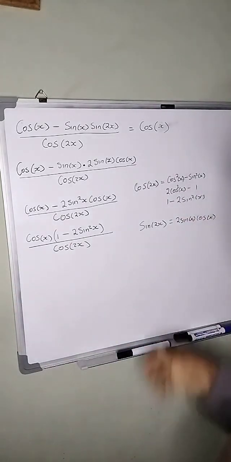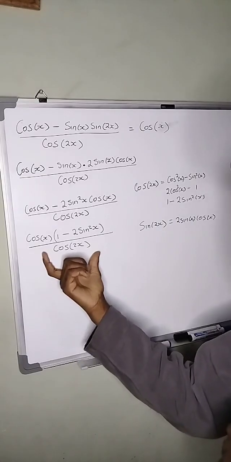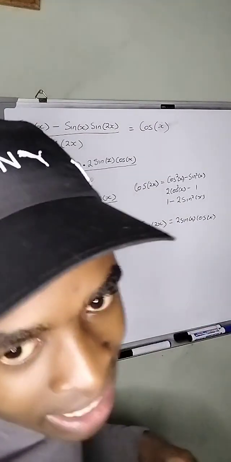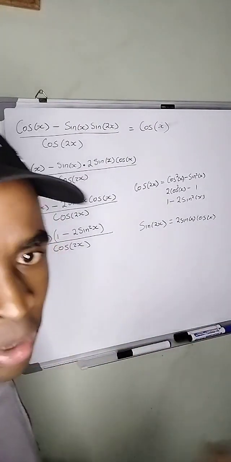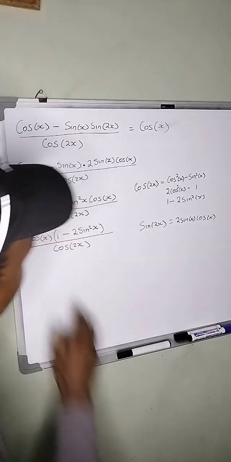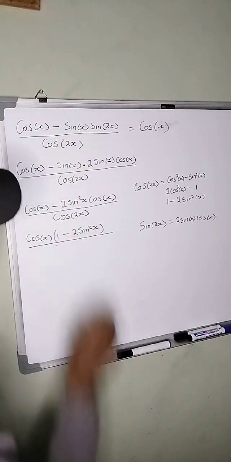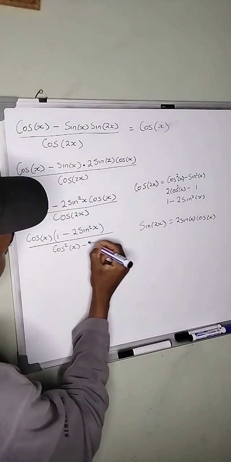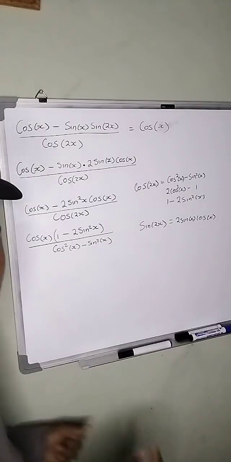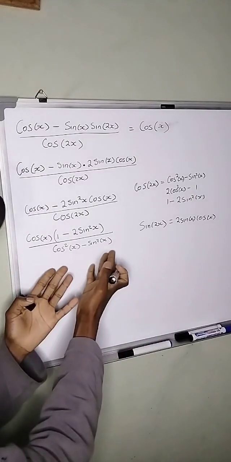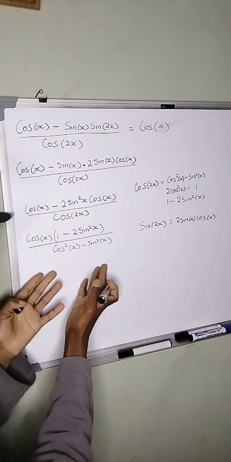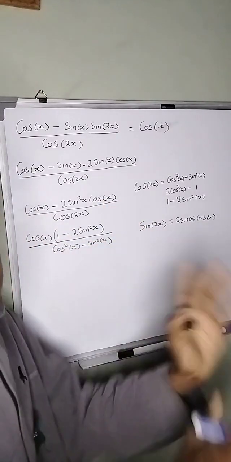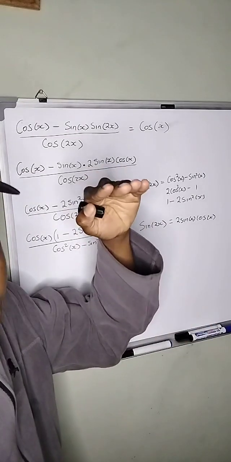If I take this one and put it here, it will make the formula complicated. Let's do it experimentally. Let's suppose we change this into cos squared x minus sine squared x. You see, you ruined everything. You still have to maneuver and try to change that into one, and it's going to take the whole page.